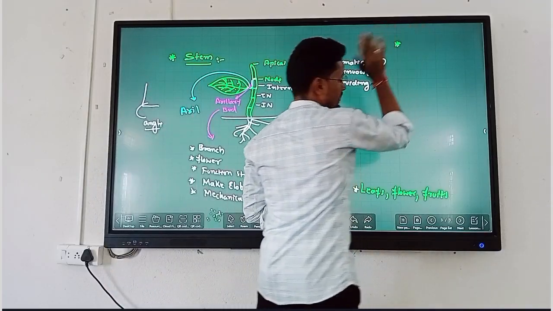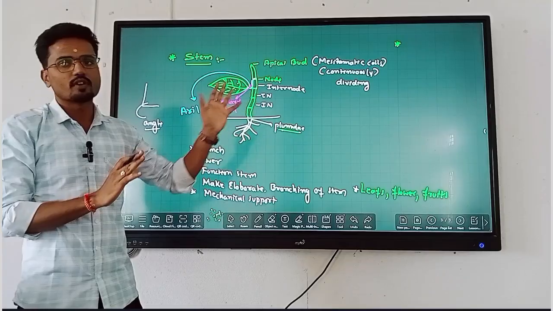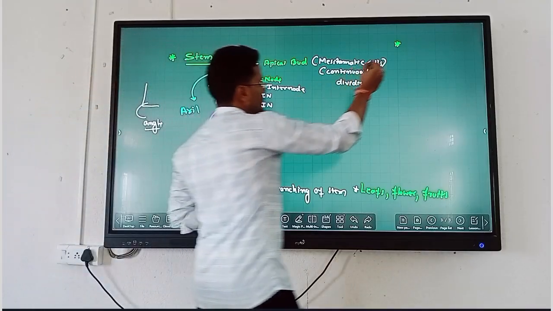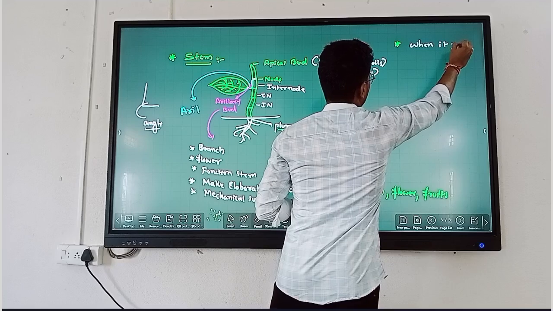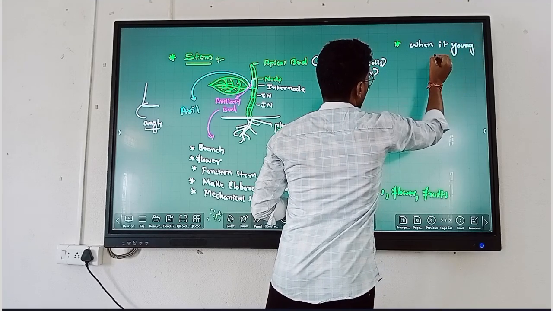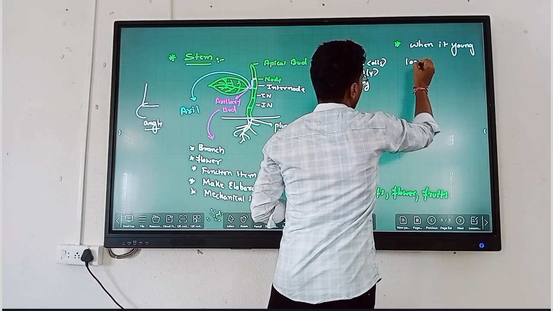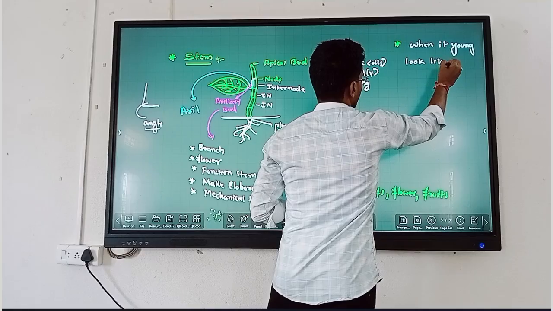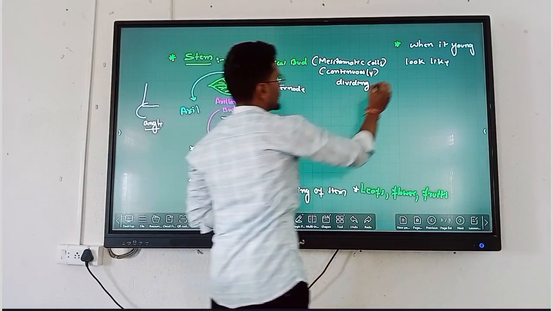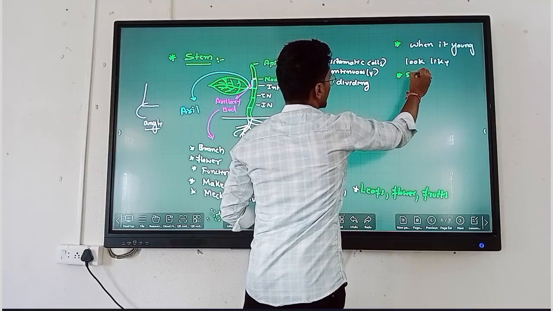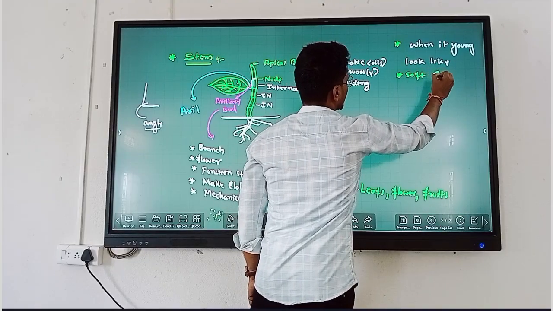When the stem is young, it is going to look soft and green.